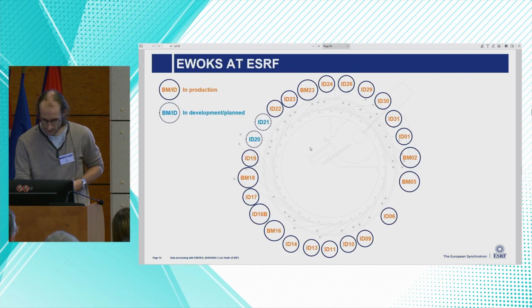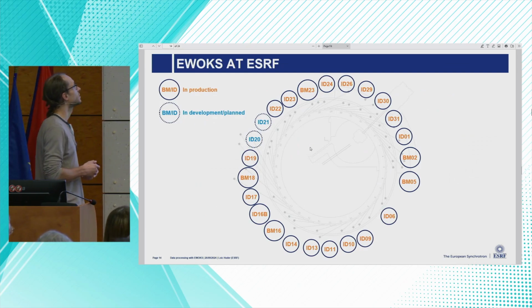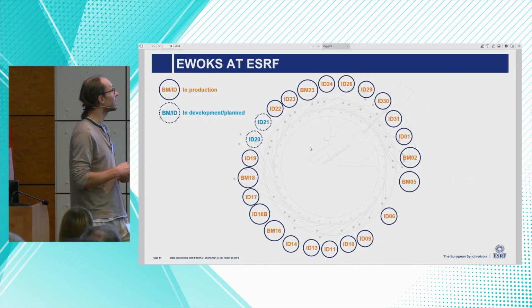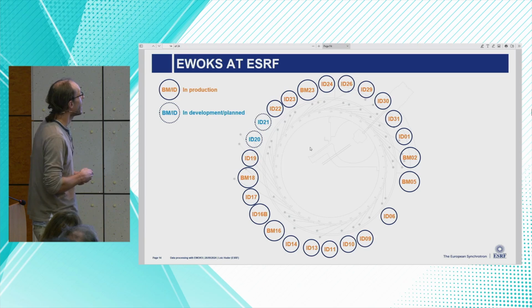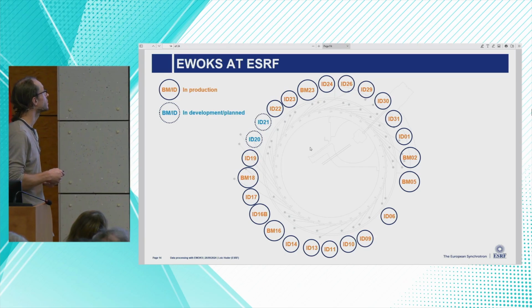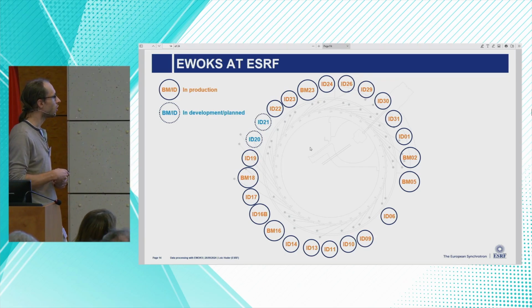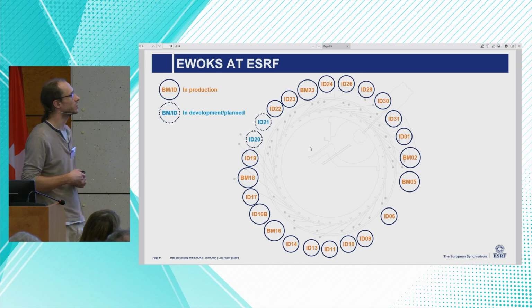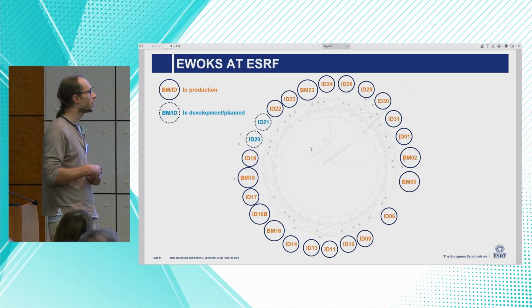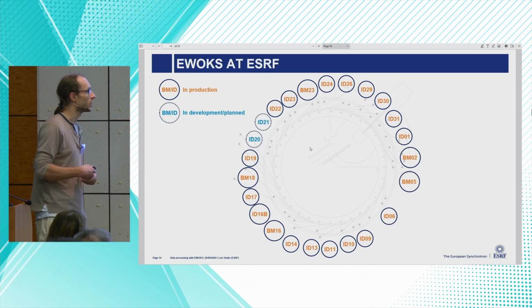So eWorks is now deployed at many beamlines at the ESRF. We have a few that are in development or planned, and it's really up to the imagination of the beamline scientists here to tell us what processing they need to do.